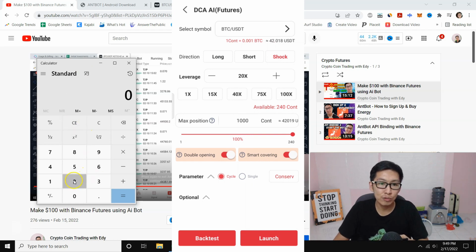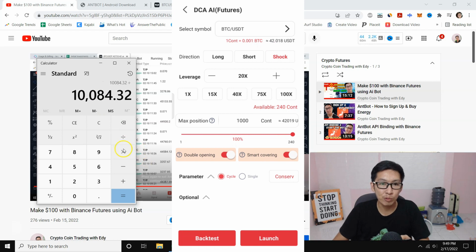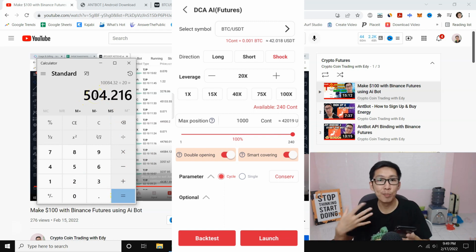So 240 multiplied by 42018, you will see there is 10,000. This includes the leverage. Remember, the leverage is 20, so you need to divide by 20 to know your actual balance, and you get 504, which is my balance right now. That's how you calculate it.